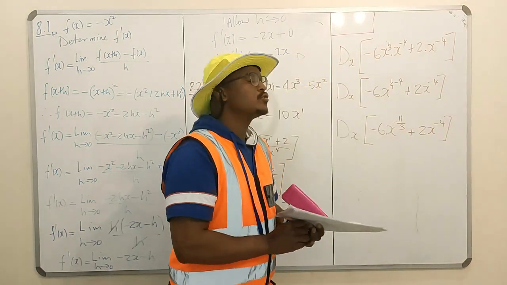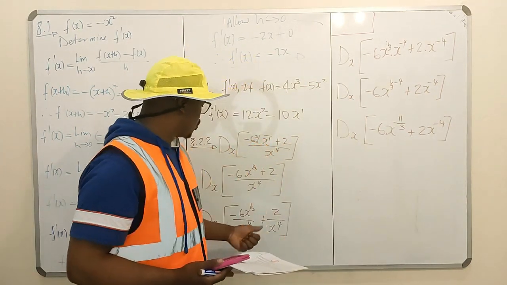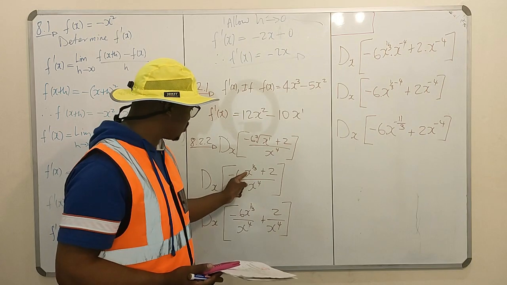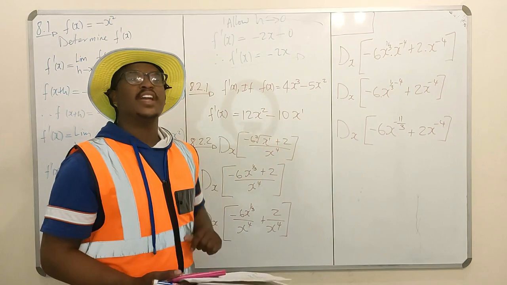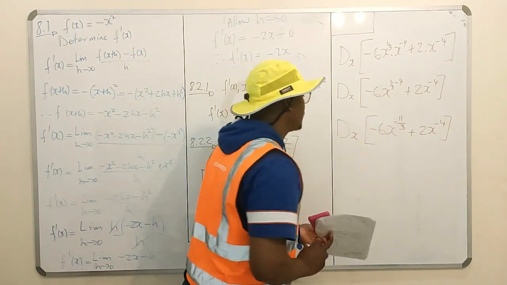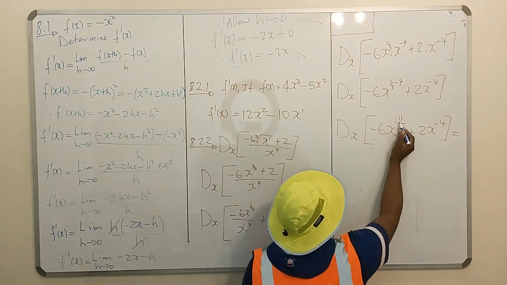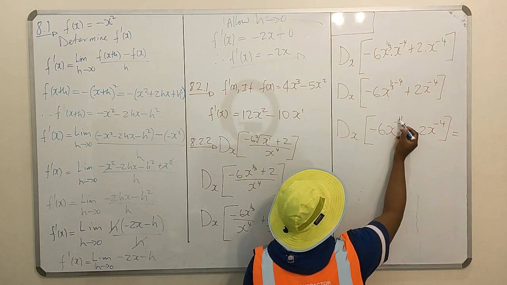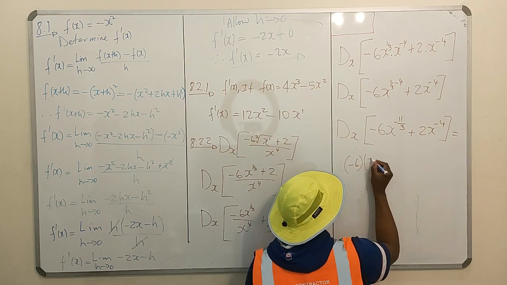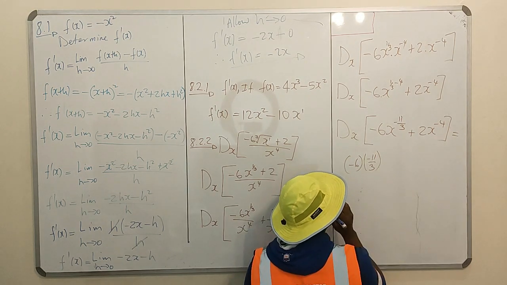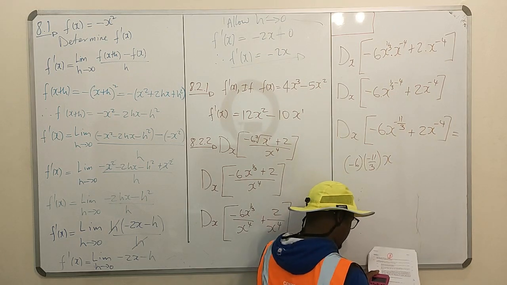So we have solved that issue that we had of having a cube root. You got rid of the cube root and got rid of the variable that was a denominator. Now we can derive. What we do, the derivative of this is equal to negative 11 over 3 times negative 6. So I have negative 6 times negative 11 over 3, right? x, then you subtract 1 from that negative 11 over 3.